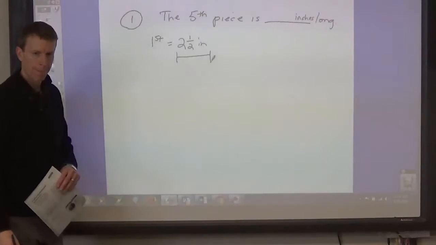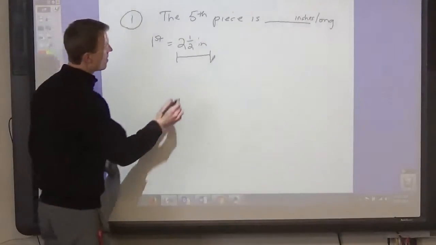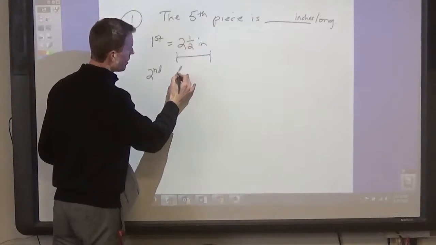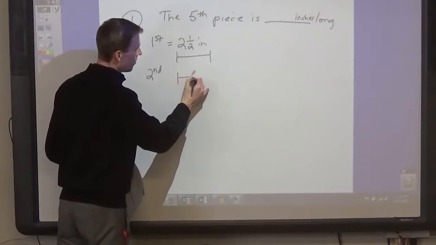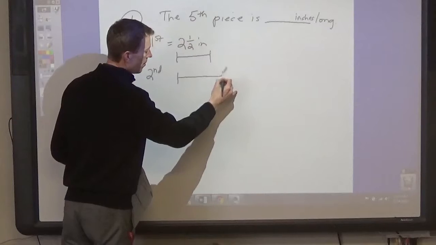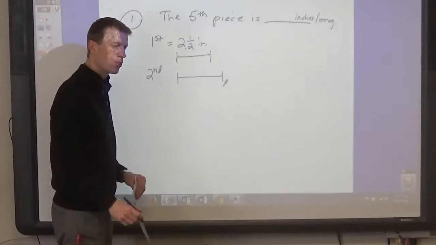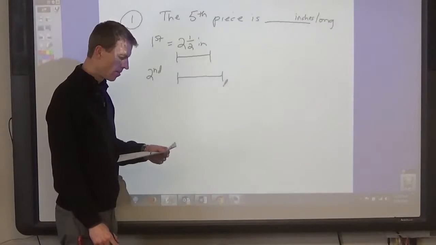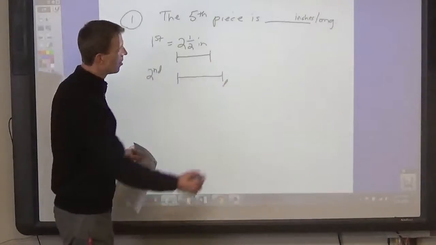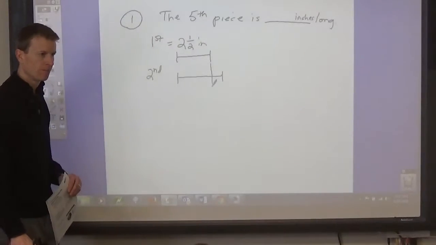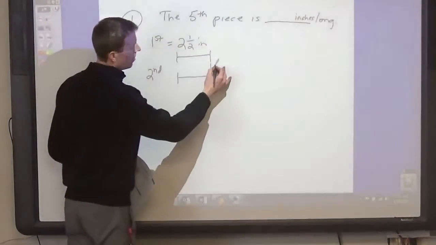Okay. Then it says each of the next pieces, so the second piece is going to be what? 1.5 inches? Or 1.5 inches longer than the first piece? Longer.